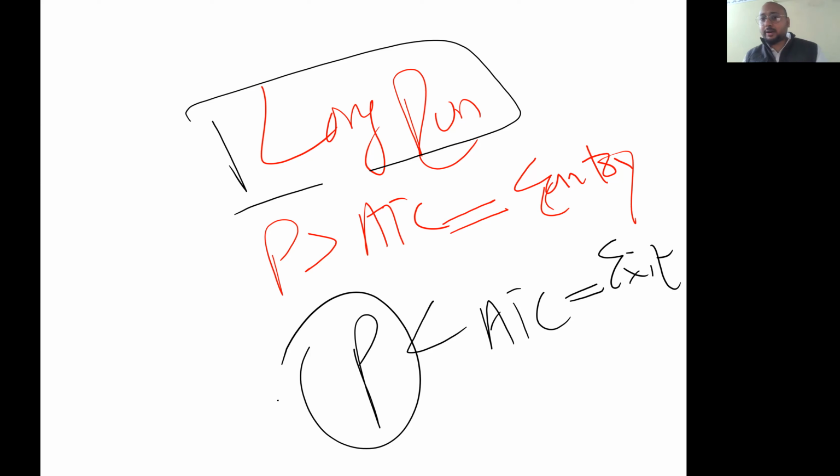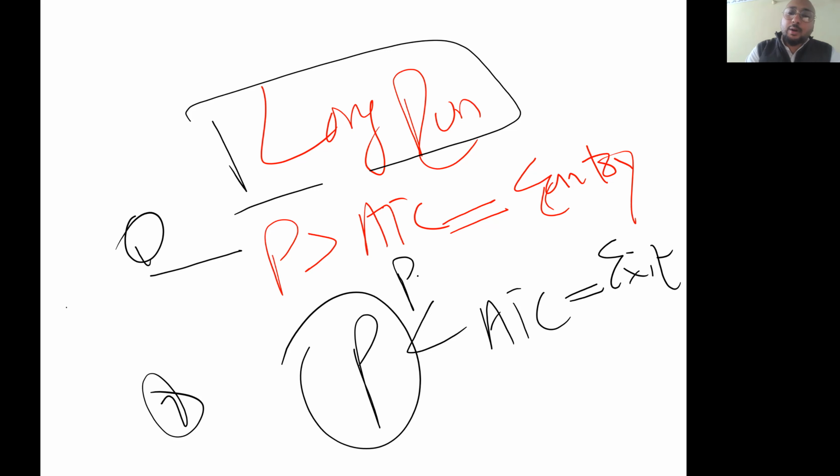When they exit, supply decreases and price is again equal to or greater than average total cost, and then new firms enter the market. So this game is repeated until price is equal to average total cost.